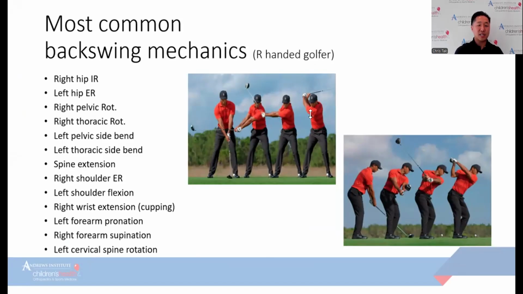Then your backswing could potentially not get to this position fully. Your backswing might just end up right here. So having information on a lot of these will create a way for us to fix whatever is happening with your faulty mechanics as well.